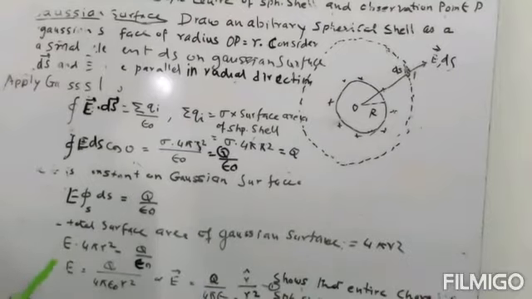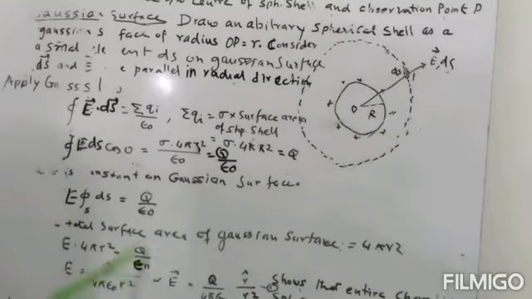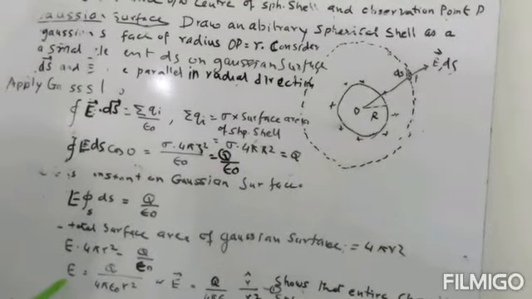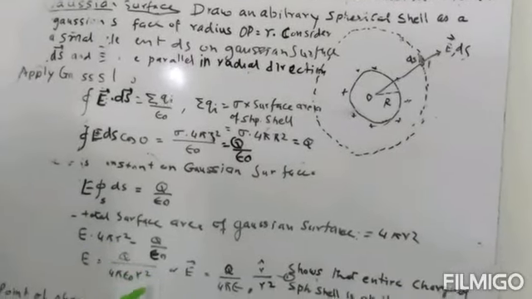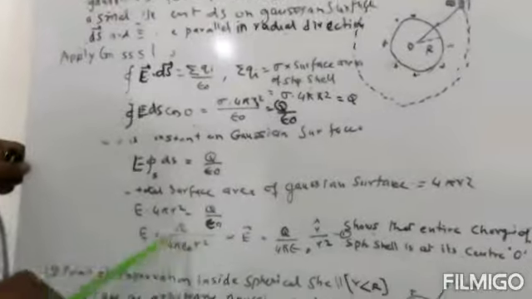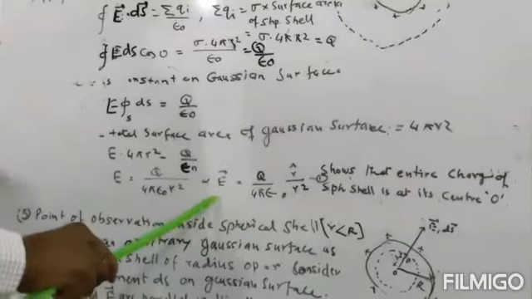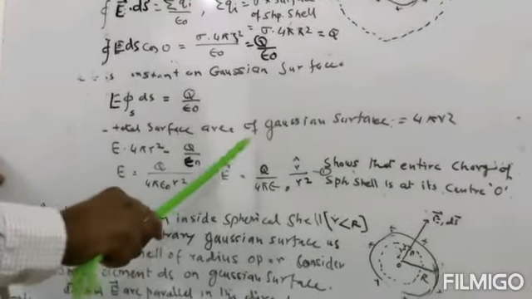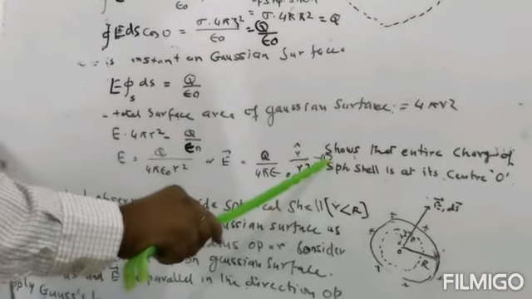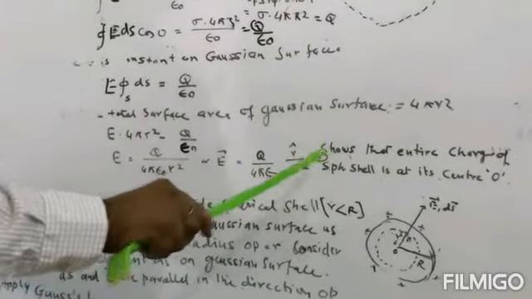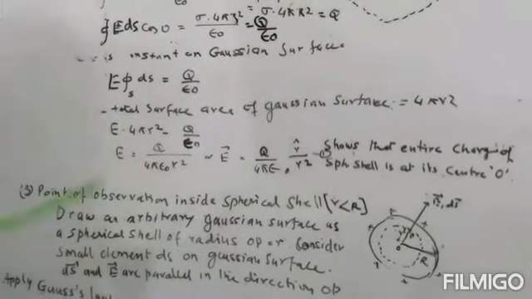So E into 4 pi small r square is equal to Q divided by epsilon 0. Therefore the electrical field is equal to 1 divided by 4 pi epsilon 0 times Q divided by small r square. The direction is radial, so the vector electric field E is equal to 1 divided by 4 pi epsilon 0 times Q divided by small r square into r cap, where r cap is a unit vector in the radial direction.